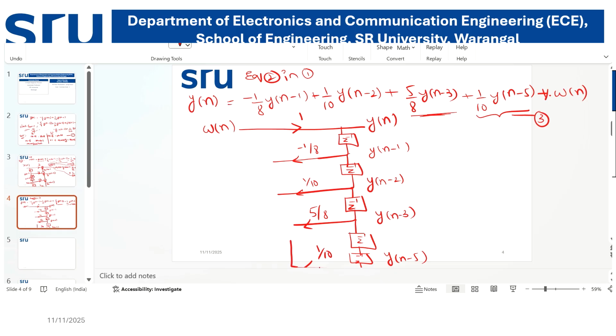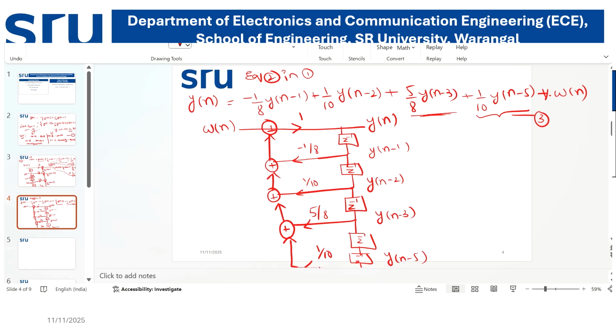Now, in the expression we have 1, 2, 3 and 4 adder circuits. So therefore, first adder to connect this, then second adder, third adder and fourth adder. So remember, in the previous case w of n was the output, that's why the input is directed towards the output side with the arrow mark.